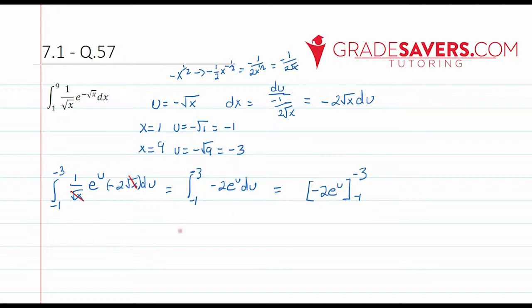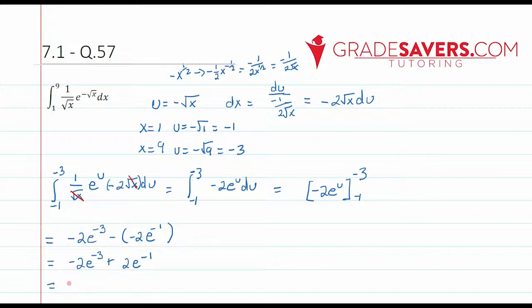And to evaluate this, we plug in the top number, then we plug in the bottom number, and we subtract the two terms. So this will lead us to negative 2 e to the negative 3 minus negative 2 e to the negative 1. And we can open this negative into this bracket, so it becomes negative 2 e to the negative 3 plus 2 e to the negative 1.